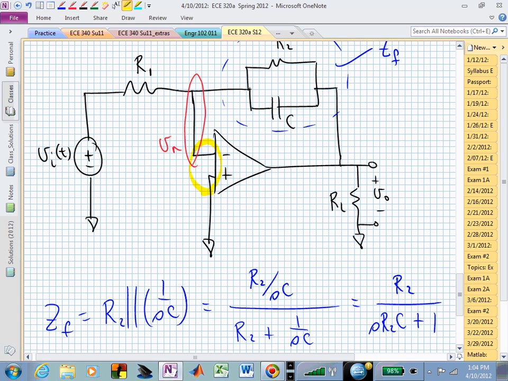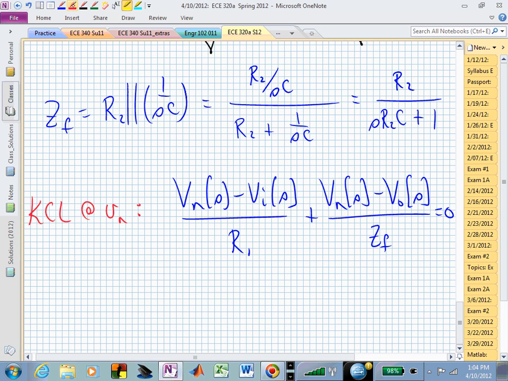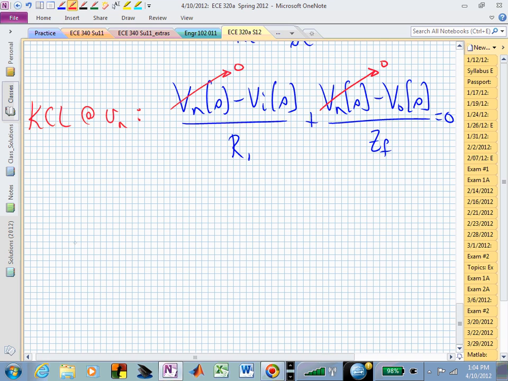I can set that equal to 0. And now I end up with this V sub 0 of S over Z sub F is equal to minus V sub I of S over R1.